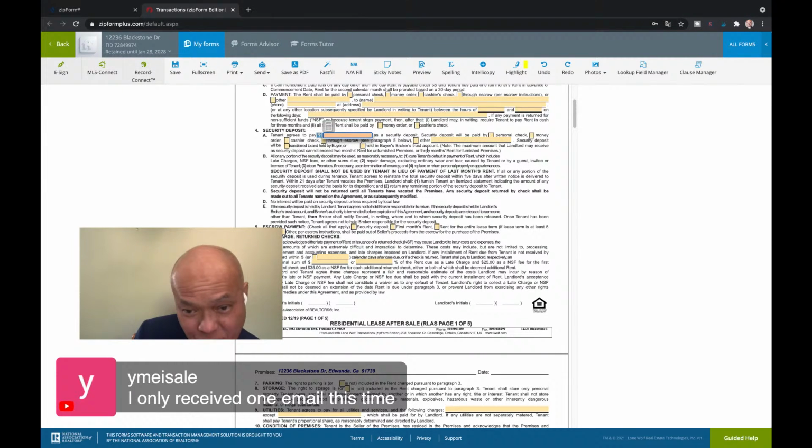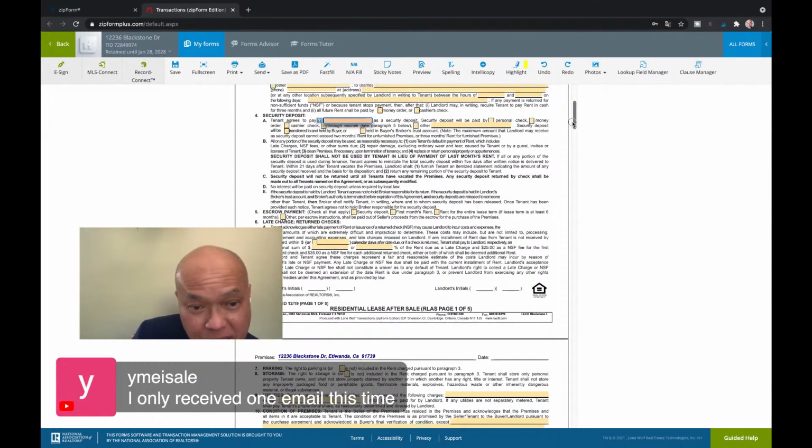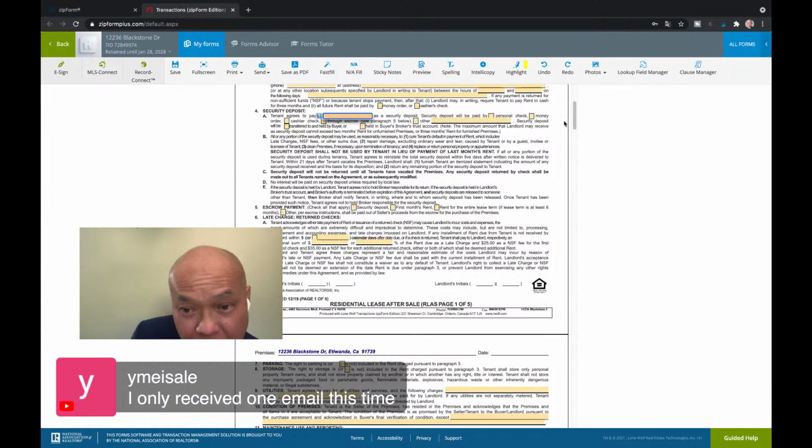But it doesn't make sense to ask the seller to pay so much in security deposit for such a short lease, right? Okay. And so most of the time, you don't even have to address whether it's paid by personal check, money order, or cashier check, because most of the time it's going to be paid through escrow.